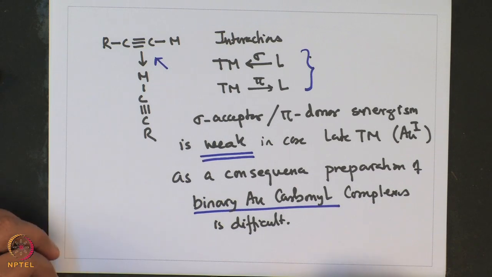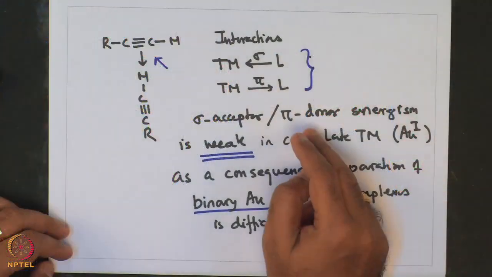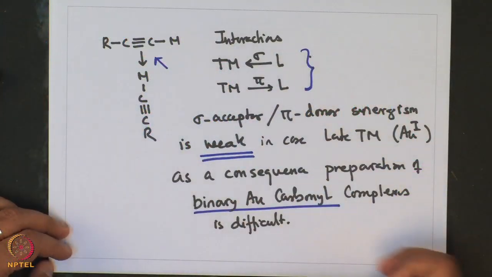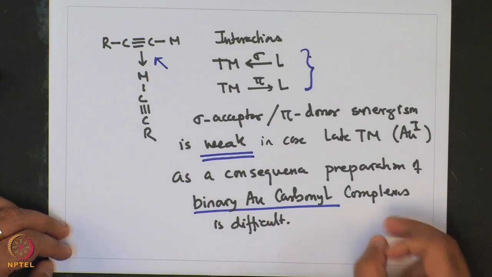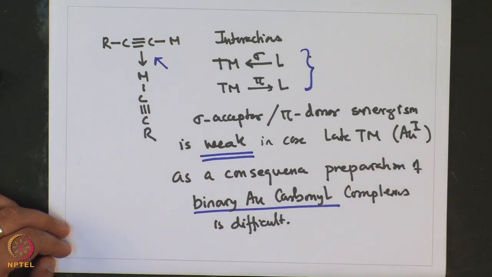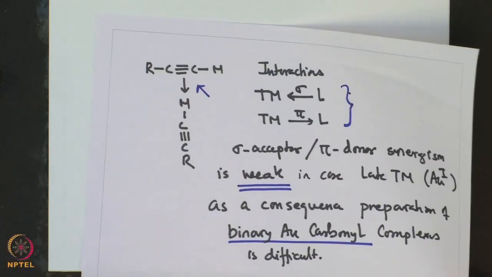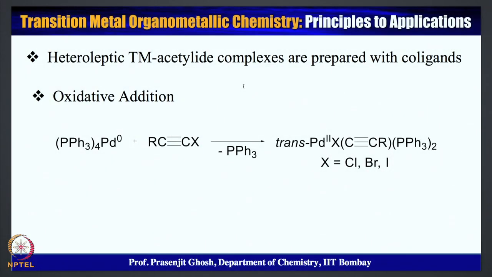This is a very interesting observation, in that a late transition metal like gold can stabilize the acetylide moiety, but finds it difficult to stabilize the carbonyl moiety, because the pi acceptor and sigma donor synergism that stabilizes this kind of interaction is weak in nature for late transition metal gold 1 complexes. Hence, these transition metal acetylide complexes are usually prepared as heteroleptic complexes using other co-ligands.